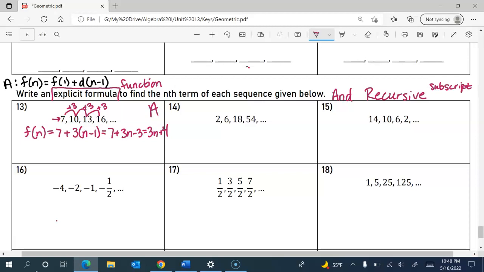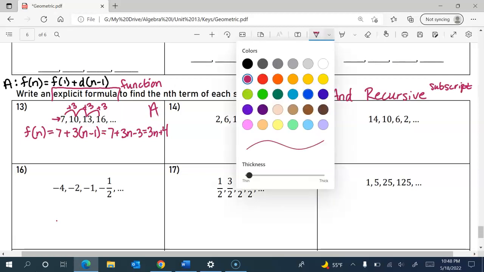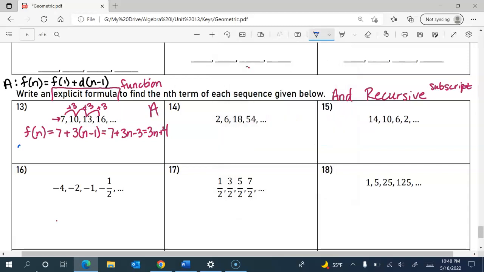Recursive notation, or the recursive formula, we haven't done a lot with. However, I think it's a little bit easier to write out. I'll switch colors for you here. So this was the subscript one. So we'll start with f sub n, like that.